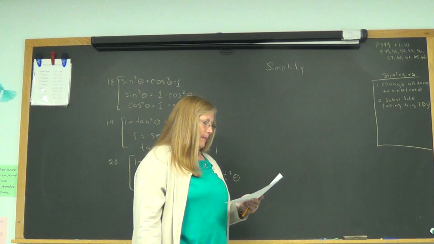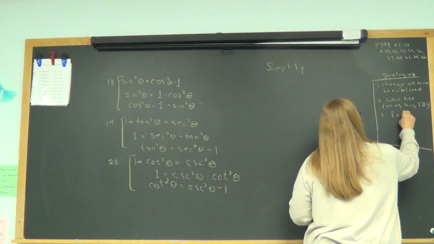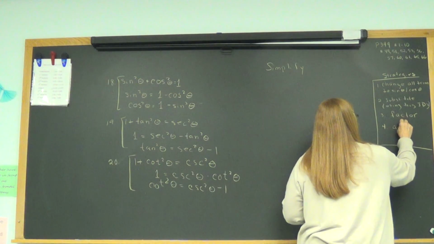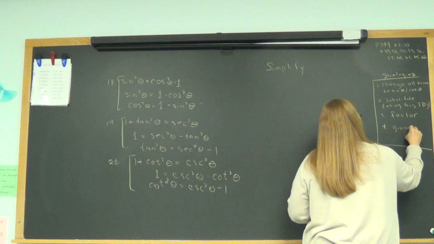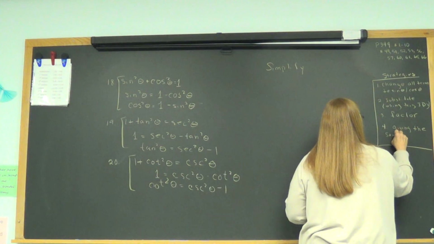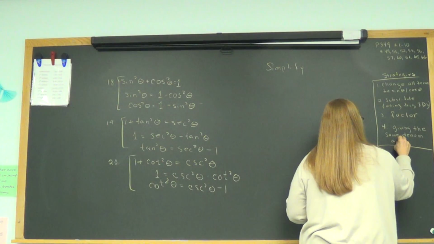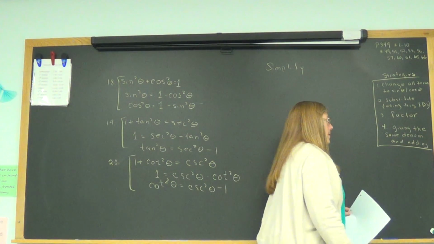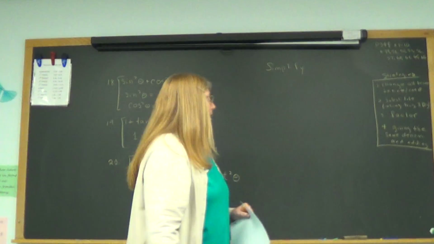Number 3 is factoring. Sometimes it causes things to cancel out and simplify. And number 4 is adding like terms, or let's say giving the same denominator, and adding. We'll practice all of these strategies within our simplifications.